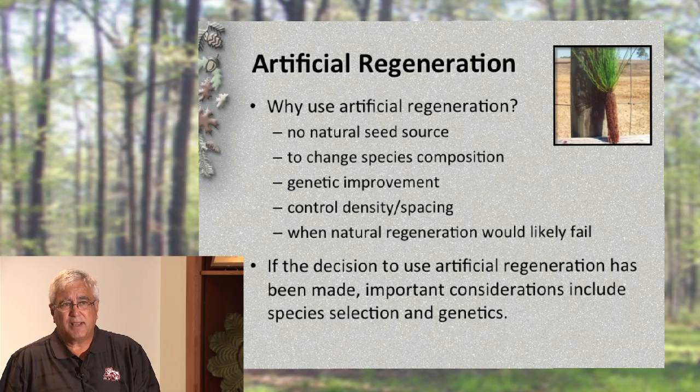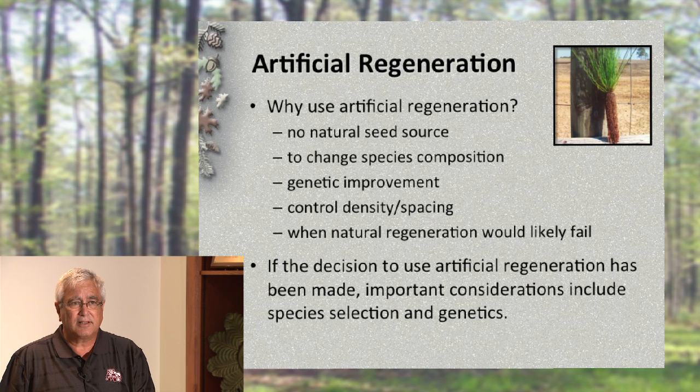So why do we want to use artificial regeneration? Sometimes we'd like to change the species composition. In some cases, we may have a hardwood land that really is not producing the quality we would like, nor the growth that we would like. So we may want to switch it from hardwoods over to pine. In some cases, we want to switch from a pine species such as shortleaf pine over to something like loblolly or longleaf pine.